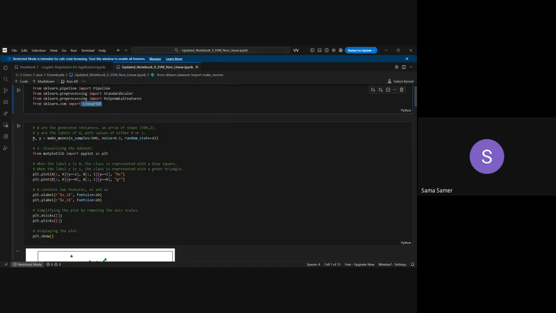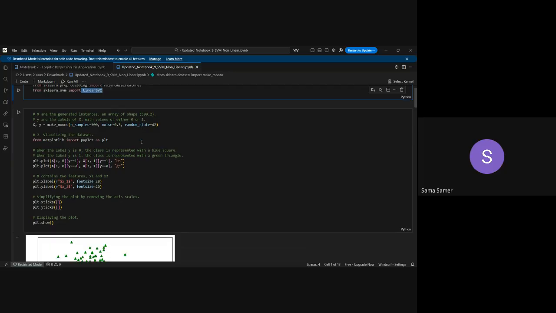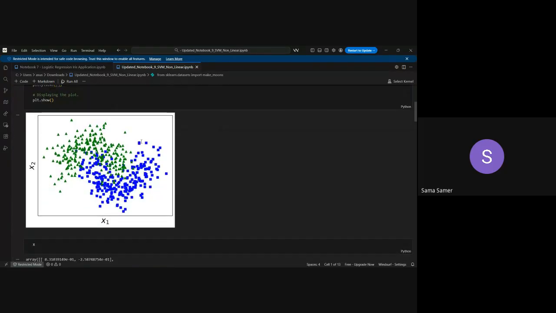X is generating the instances, and Y is the labels of X, or the answers, either 0 or 1. We have 500 samples, a noise of 0.3 and a random state of 42. Then we try to visualize it, and this is how we find out.